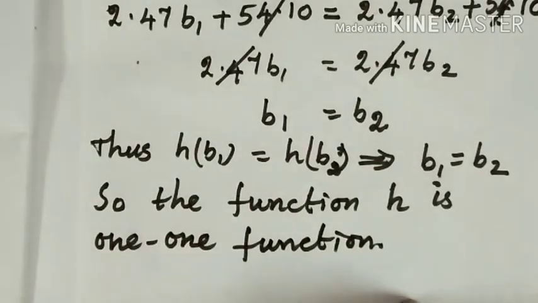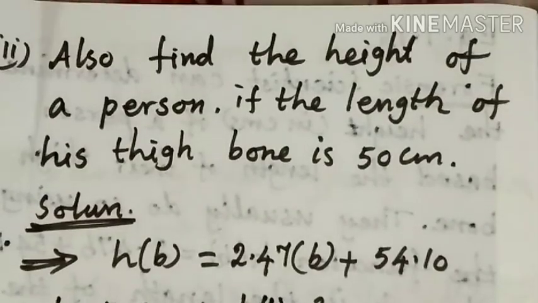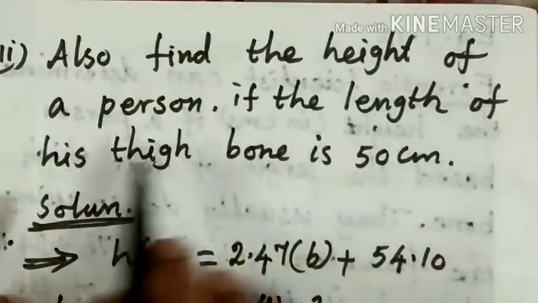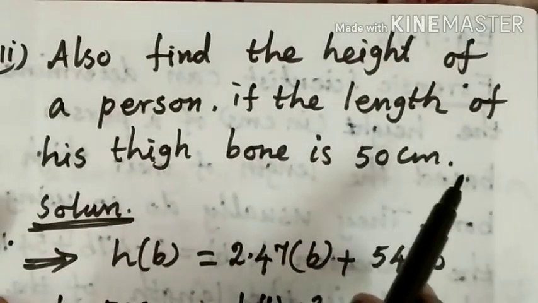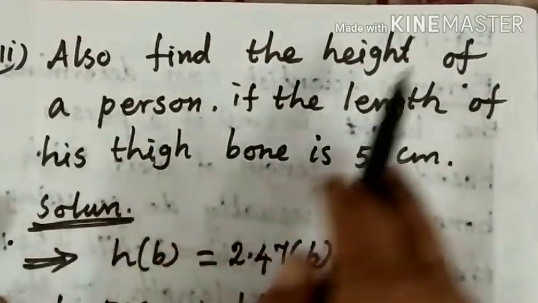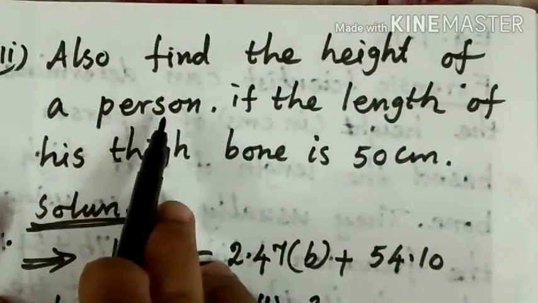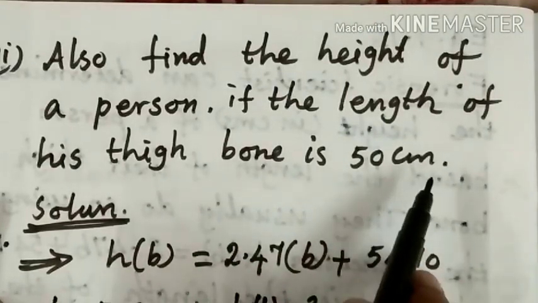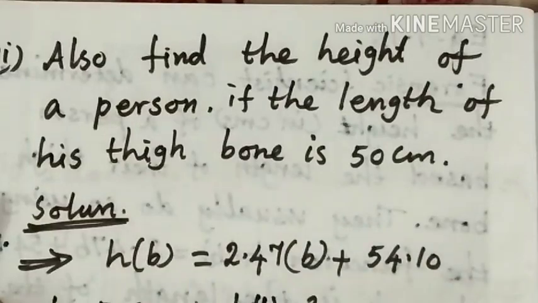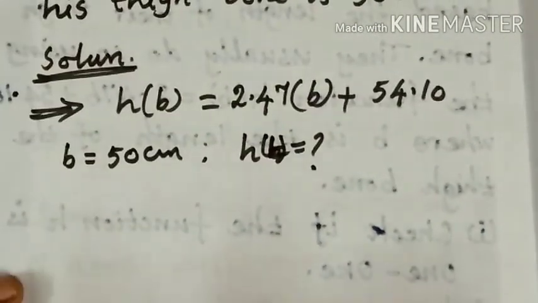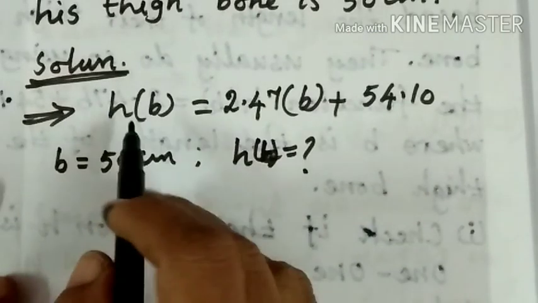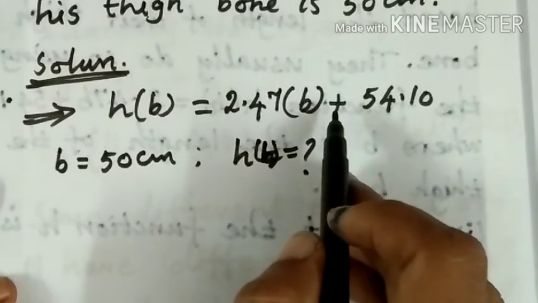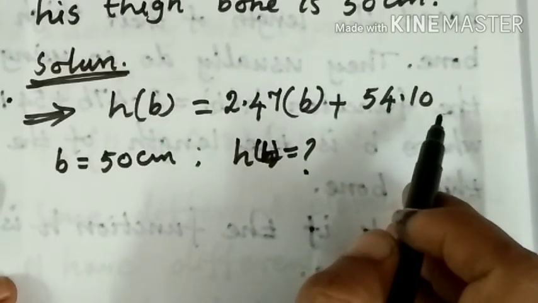Now we move on to the second subdivision. Also find the height of a person if the length of his thigh bone is 50 centimeter. In this question, we have to find out the height of a person. Thigh bone length is given, that is 50 centimeter. Solution. First you write down the given function h of b equal to 2.47b plus 54.10.